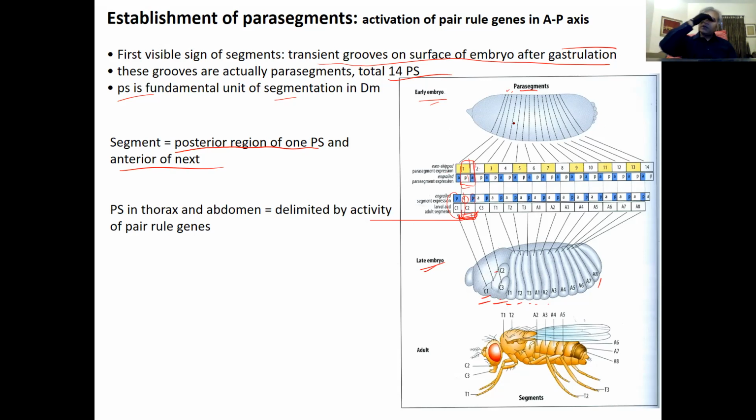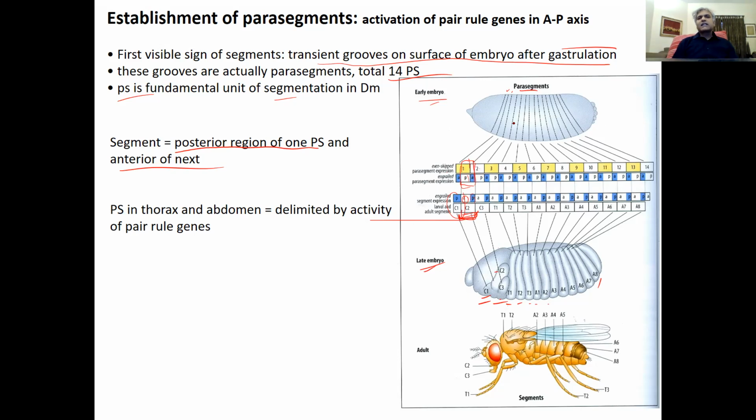Anyway, so do you understand the relationship between segment and parasegment? Now, one of the early selector genes, a very early selector gene. Selector genes are developmental genes. There's also the selector gene hypothesis. We name those genes as selector genes, which give specific identity to a cell type.